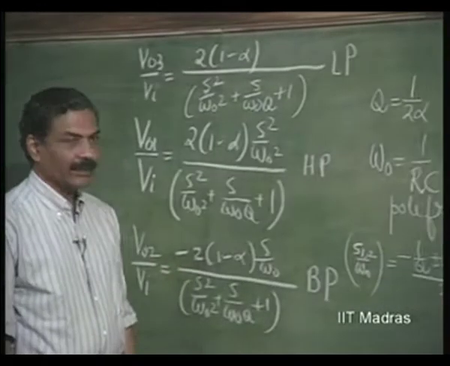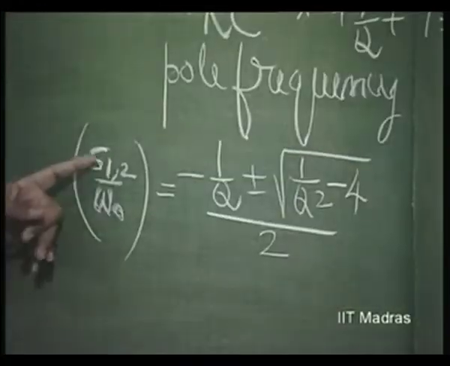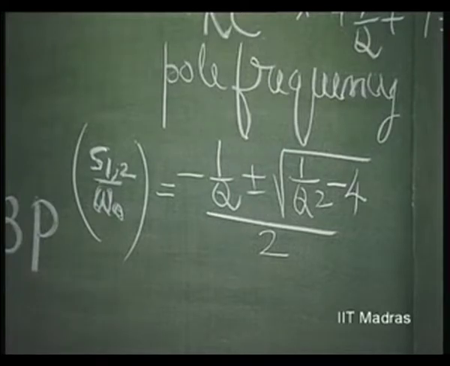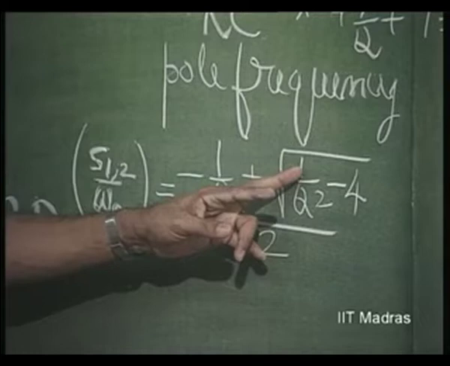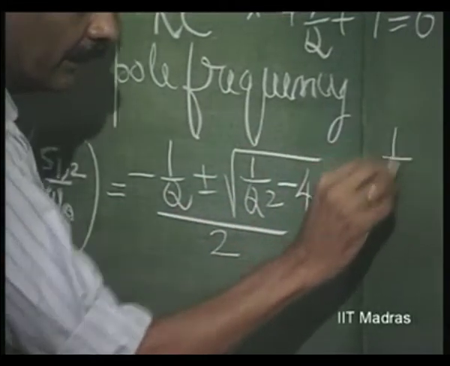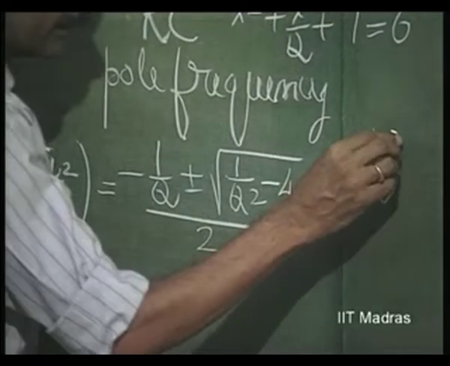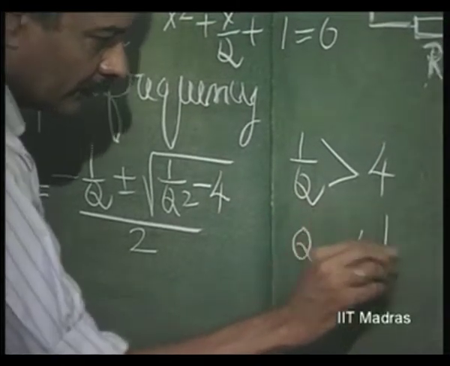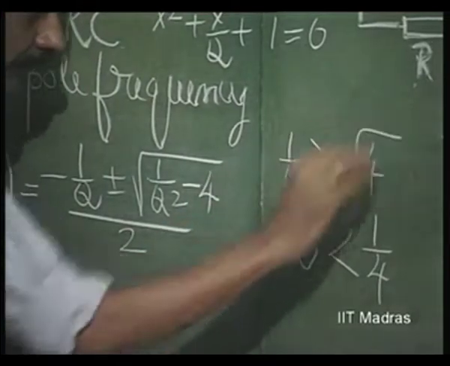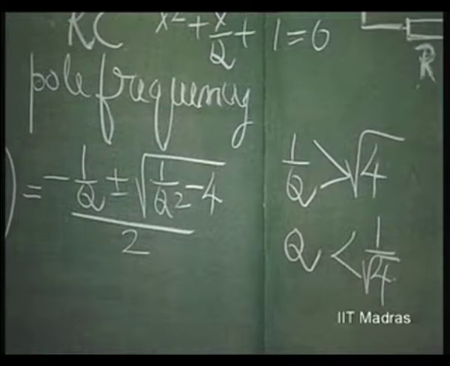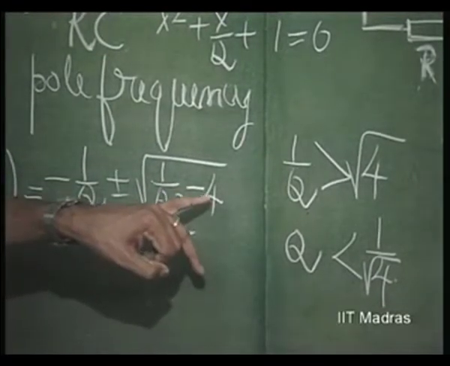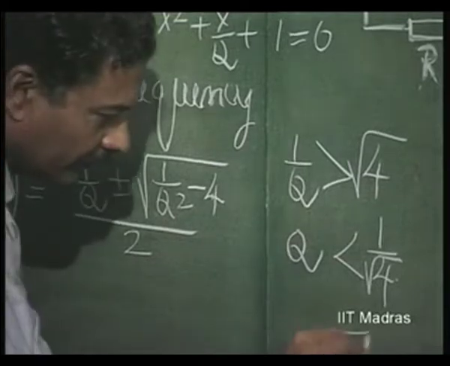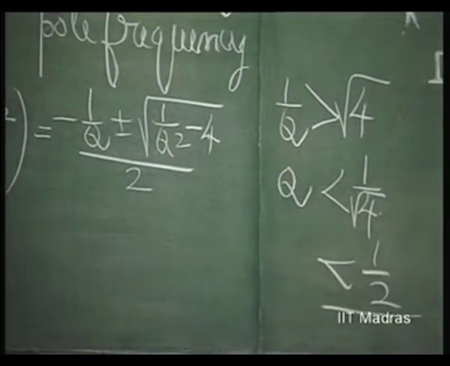Solving that quadratic equation, the roots will be S1 comma 2, that is S1 and S2, okay, pairs, and this will be real if, as you see here, 1 over q squared is greater than 4, or 1 over q greater than root 4, which is 2, or therefore q less than half, okay, the poles will be real.